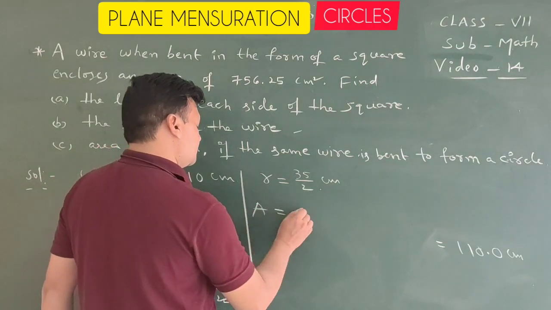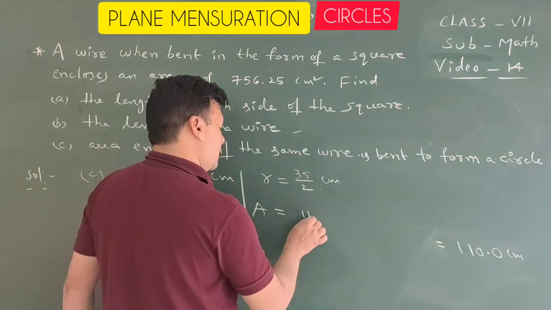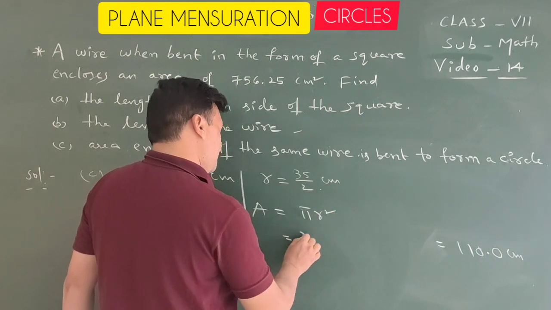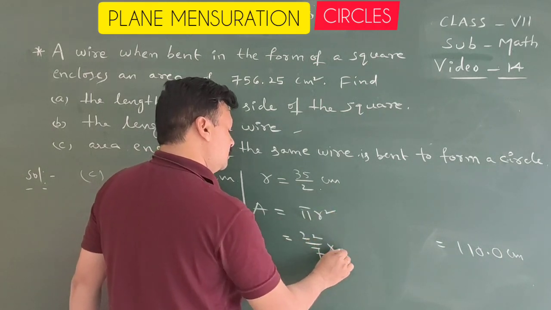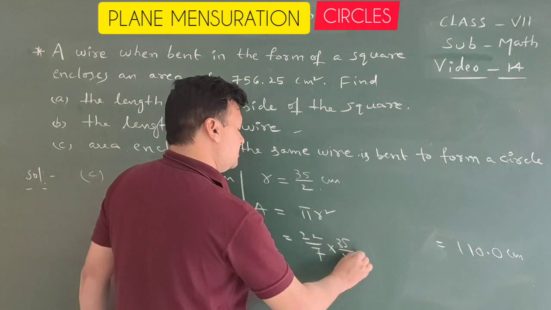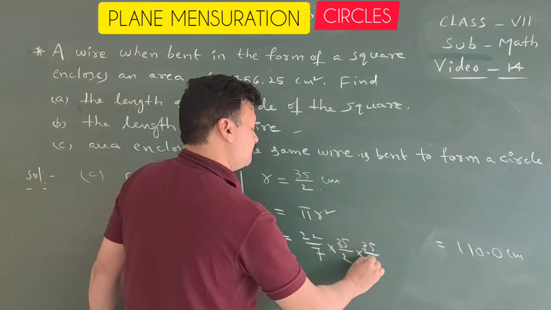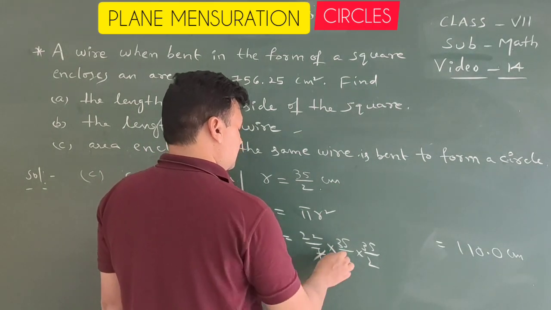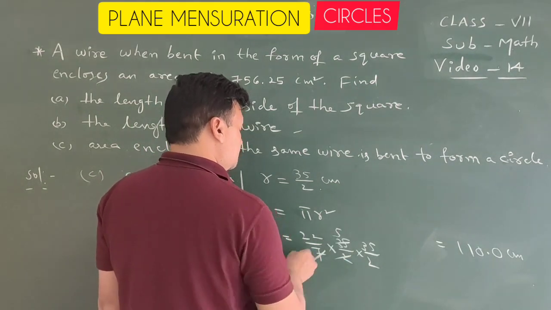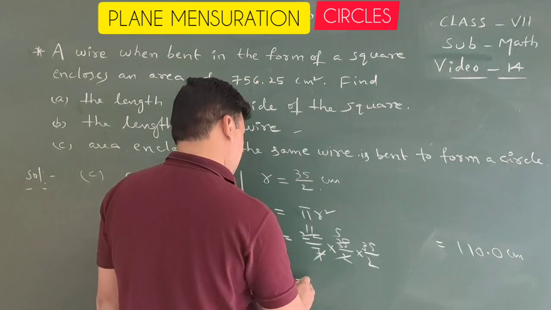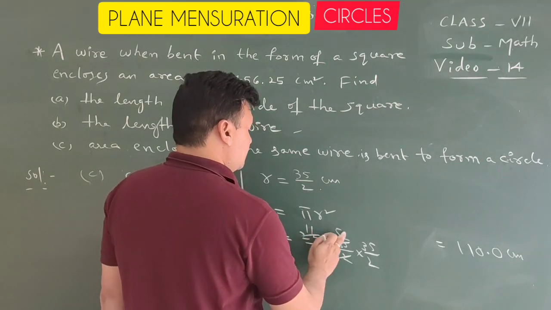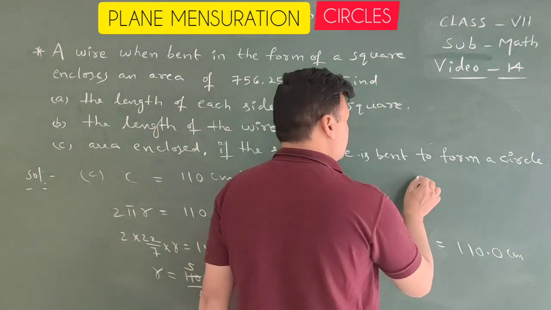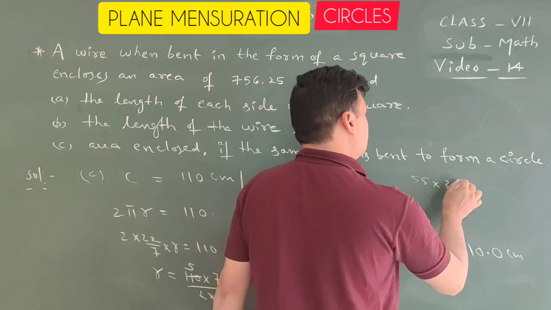So area of circle equal to pi r square. So pi means 22 by 7 into r means 35 by 2 into 35 by 2. 7 5 times, 2 11 times. Now area is 55 into 35 by 2. 55 into 35.